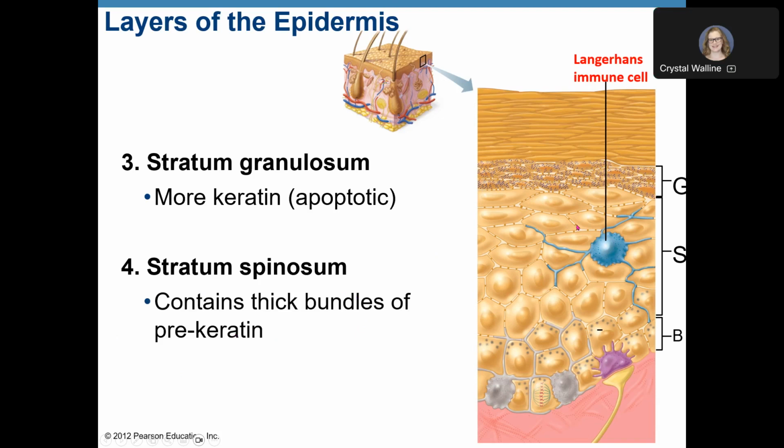And like I said, that pre-keratin will later be converted into keratin once these cells move into the granulosum layer. Within the stratum spinosum, you can find specialized cells called Langerhans cells. I believe your book refers to them as dendritic cells.